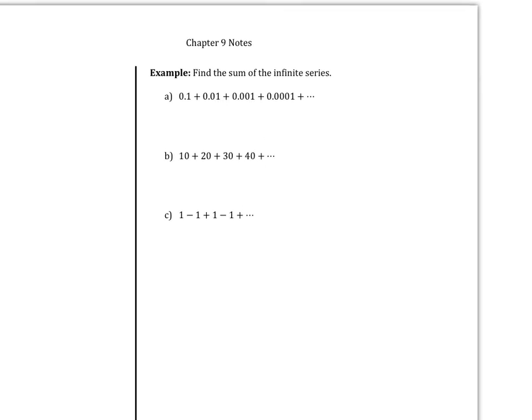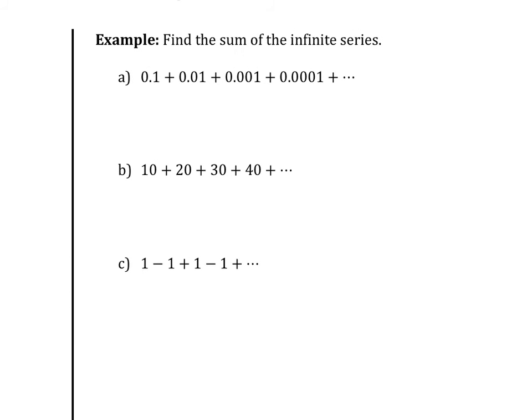So for example, first one, find the sum of the infinite series. You can see that this looks like there is a pattern, which is true. And if you ask yourself, what number do I multiply to get to the next number? You can see that you're going to multiply by 0.1. And so this is a geometric series. And you can see that the absolute value of r is less than 1.